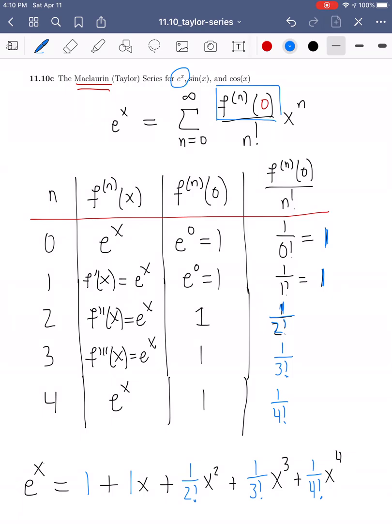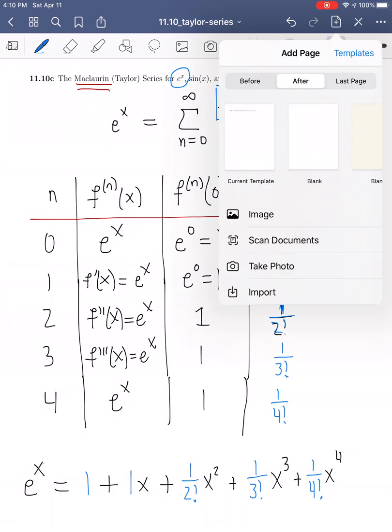So let's rewrite what we found on the next page. We have that e to the x looks like 1 plus x plus x squared over 2 factorial plus x cubed over 3 factorial plus x to the 4th over 4 factorial, and so on.